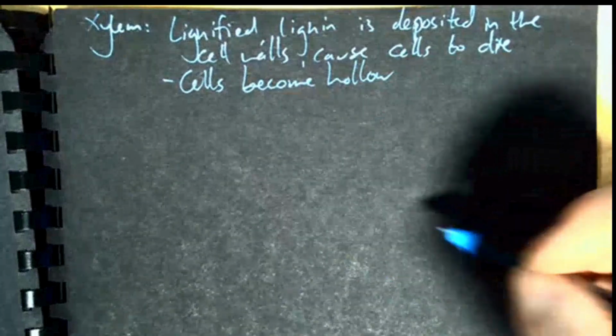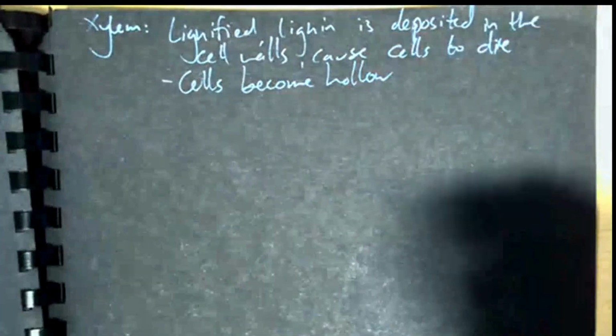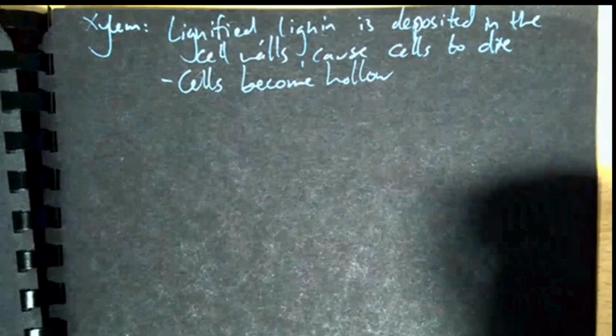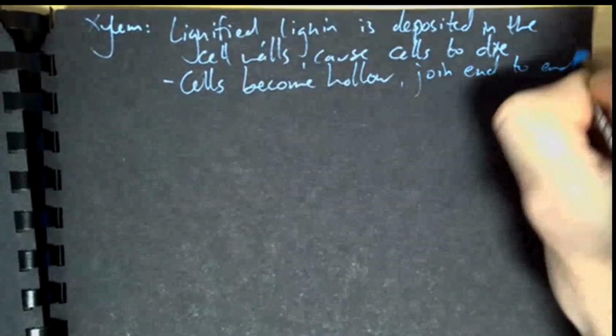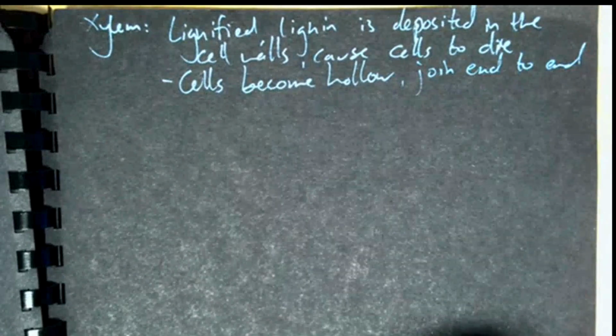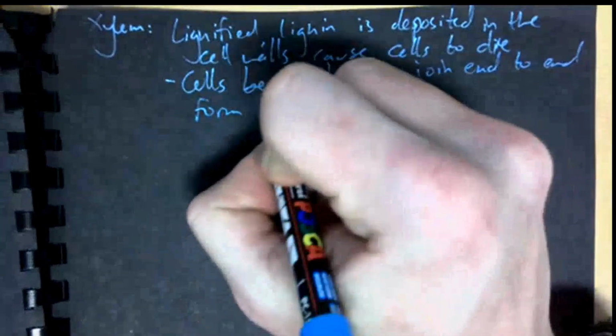So there is loss of all of their organelles, no more organelles inside, no more cytoplasm, and they join end to end and form a continuous tube through the plant.